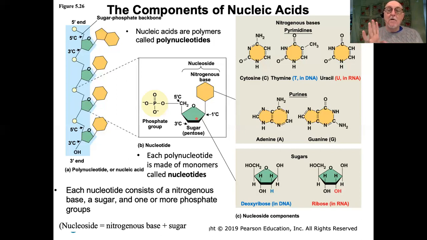But you'll realize now that in DNA and in RNA, there are only 4 nucleotides with different bases attached. Here's our basic nucleotide structure, sugar and phosphate. In DNA, there are 4 possible bases that could be attached here, and they are cytosine, thymine, adenine, and guanine.